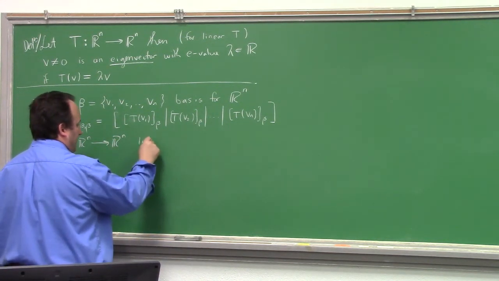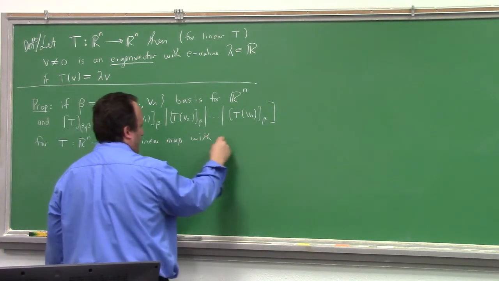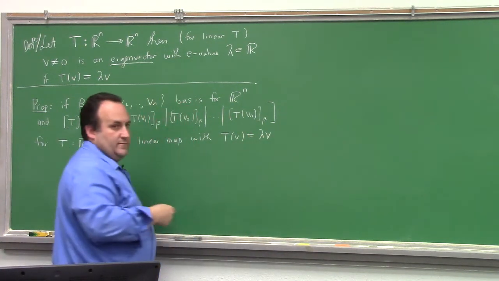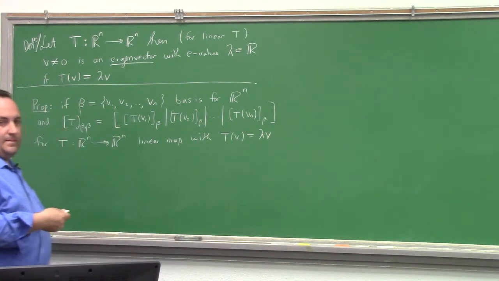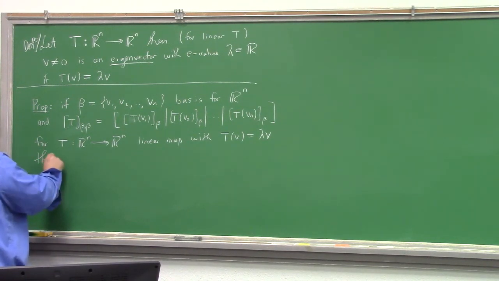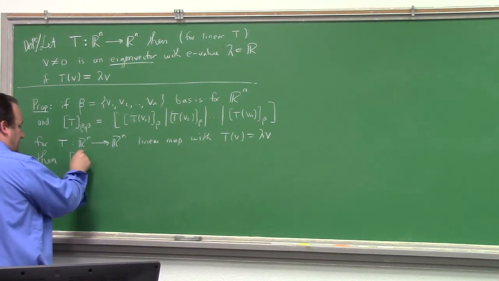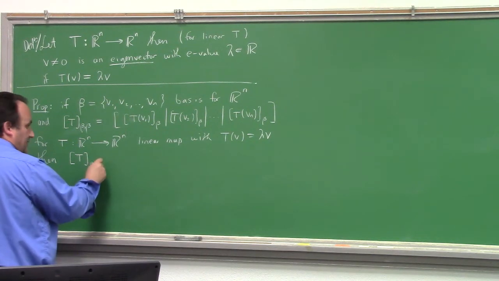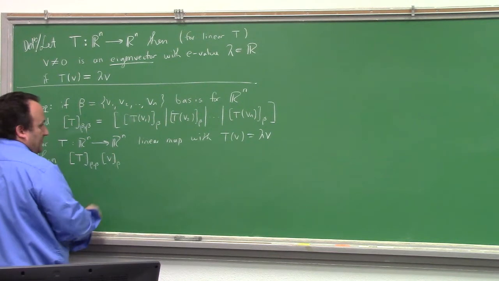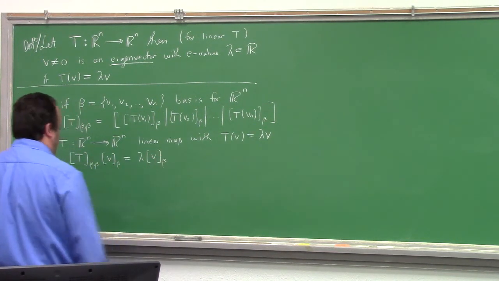linear, with T of V equals lambda V, right? Then what? Then the matrix of T with respect to the beta basis times the coordinate vector of the eigenvector is equal to lambda times the coordinate vector of the eigenvector.